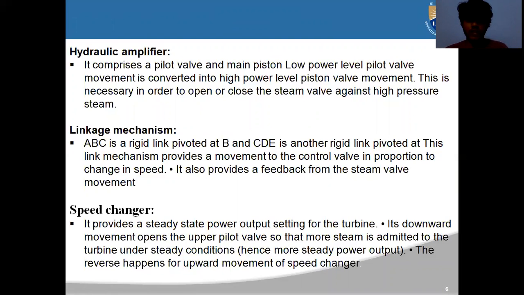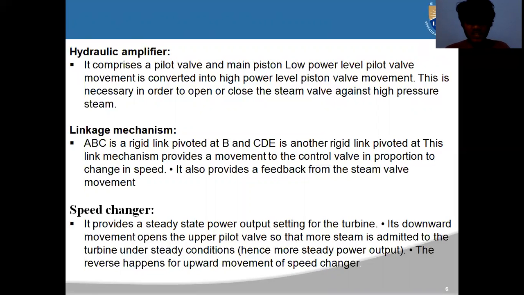And there is also the linkage mechanism, where ABC is a rigid link pivoted at B, and CDE is another rigid link pivoted at D. This linkage mechanism provides a movement to the control valve in proportion to the change in speed. It is providing feedback of the steam valve movement and the speed changer.